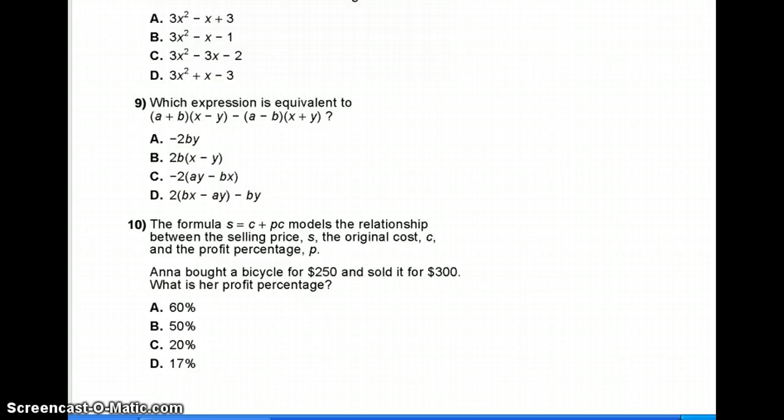Number 10, the formula S equals C plus PC models the relationship between the selling price, S, the original cost, C, and the profit percentage, P. Anna bought a bicycle for $250 and sold it for $300. What is her profit percentage? A, 60%, B, 50%, C, 20%, or D, 17%?